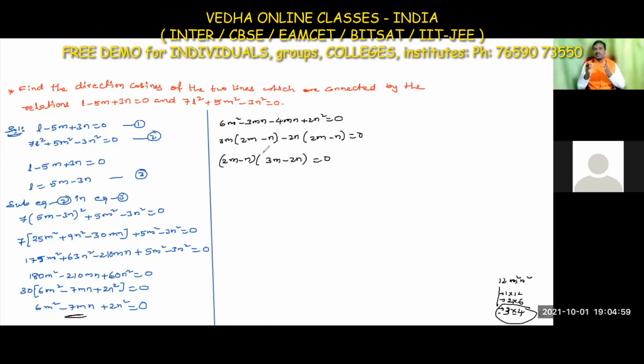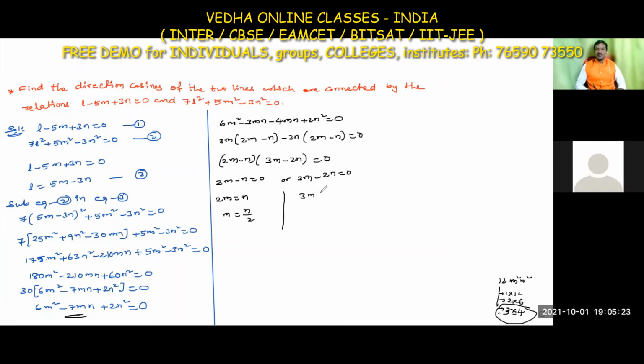If the product is 0, either the first factor becomes 0 or the second factor is 0. So equate now: 2m minus n equals 0, or 3m minus 2n equals 0. That means 2m equals n, so m equals n by 2.